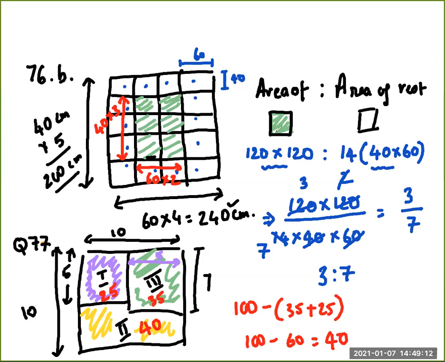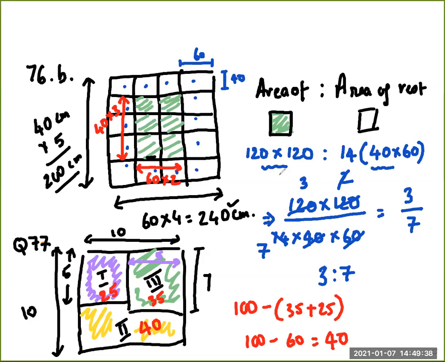Now come to the area of the shaded portion, this interior portion that is shaded. I know each one of these is 60 centimeters and there are 2 tiles, so it's 60 times 2. The height of each tile is 40 centimeters and there are 3 tiles, so it is 40 times 3. The product of these two is 120 times 120, that is the area of the shaded portion.